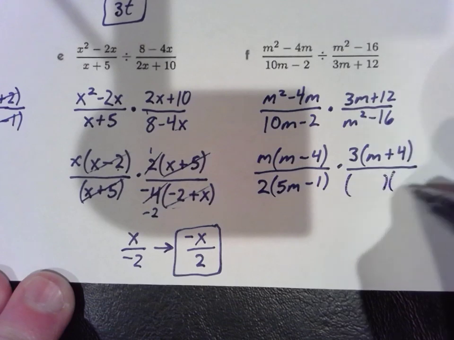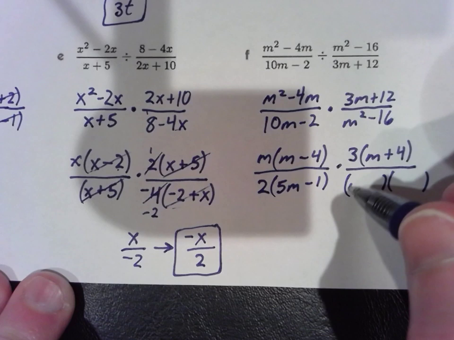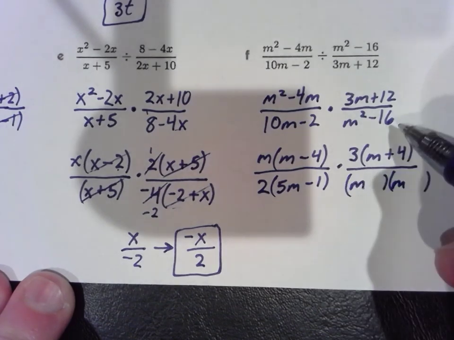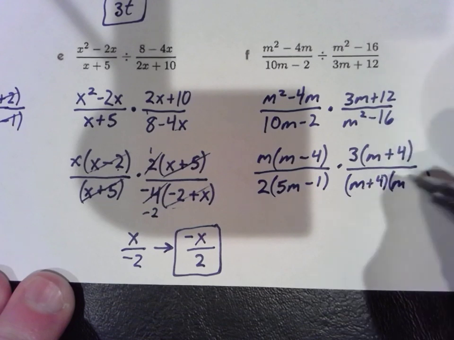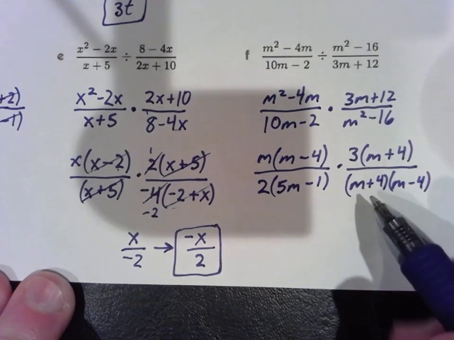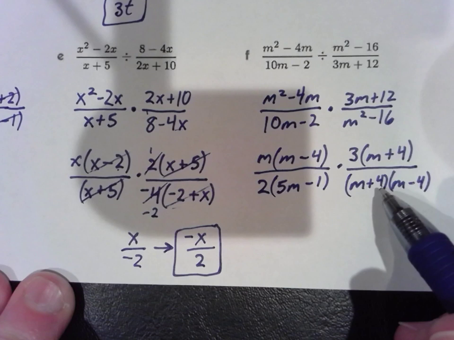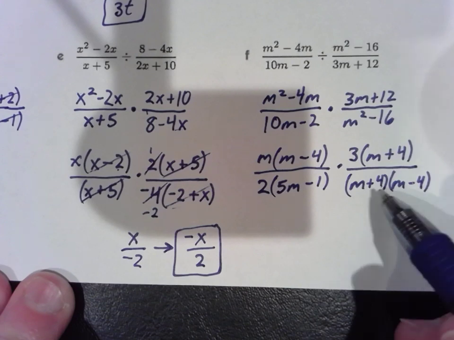M squared comes from m times m. 16 comes from a positive 4 times a negative 4. The outside two, m times negative 4 is negative 4m. The inside two, 4 times m is 4m. Negative 4m plus 4m cancels out, so there's no middle term.